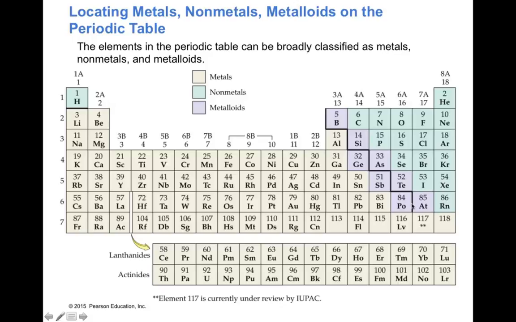All the elements on the left side are classified as metals, with these three exceptions. All the others in this yellowish color are basically metals. On the right side, the greenish ones are classified as nonmetals, including hydrogen. And the elements that are at the right side and left side directly in contact with that ladder are known as metalloids.